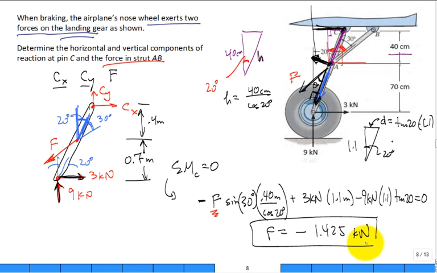Now, how does that make sense? Well, do me a favor, do this. If the wheel isn't braking at all, there's no brake applied, right? What happens either to the 9 kilonewton or the 3 kilonewton? Which one of those would logically go to 0? The 3. All right, let's let it go to 0.